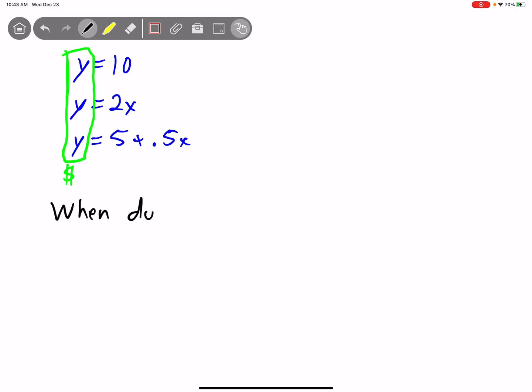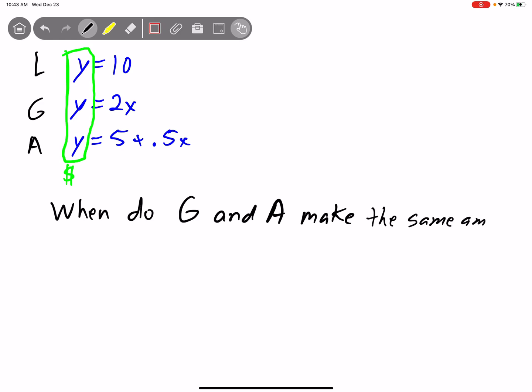Okay, so if I ask you, when do Gilberto and Alana, this is Gilberto, this is Alana, this is Leanne, make the same amount? Okay? This means when I ask you a question like this, that these y's have to be the same.